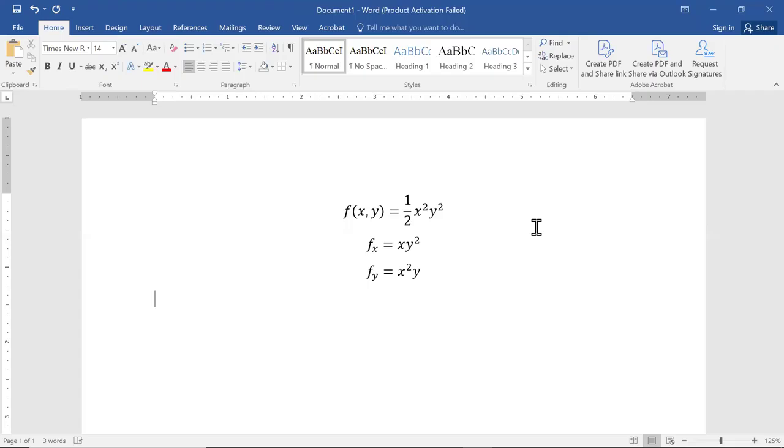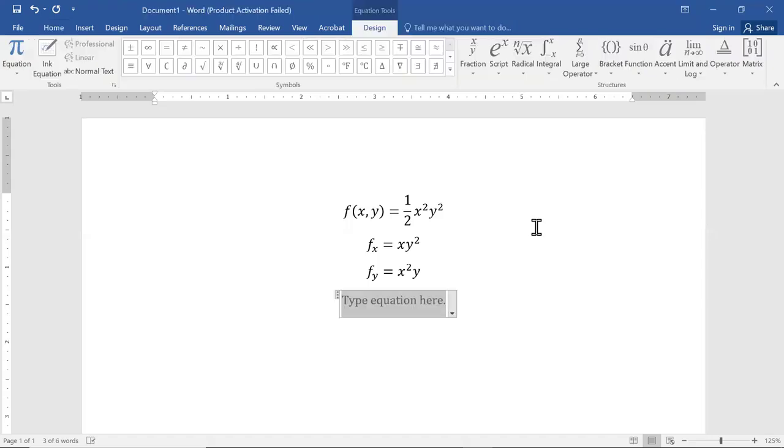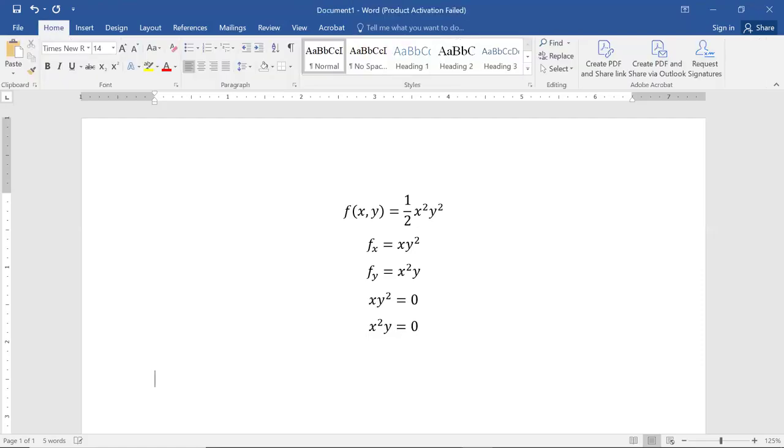There's no place at which these are undefined. So we ask ourselves, when are both of these equal to 0?